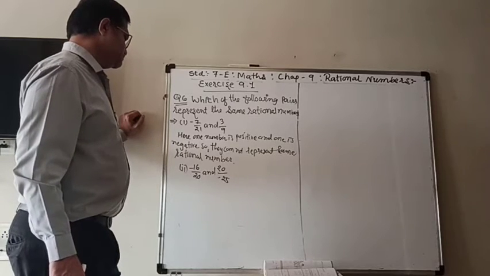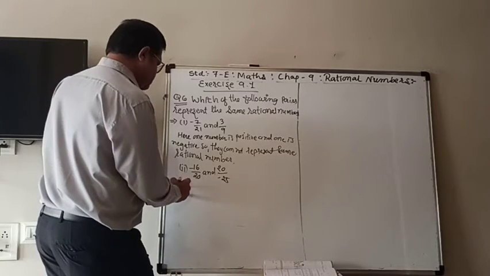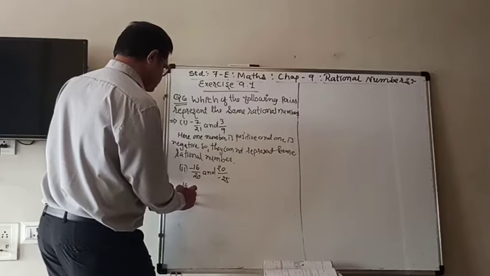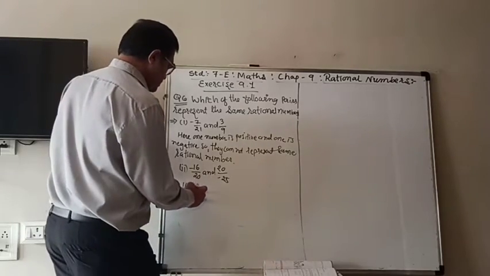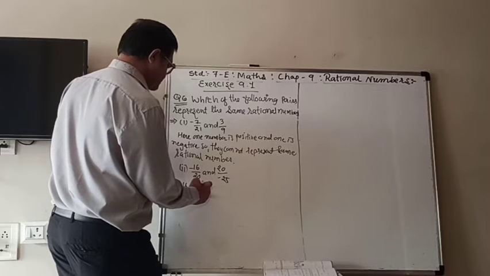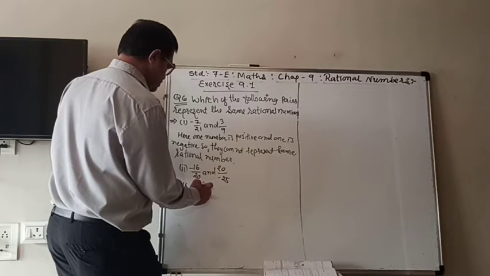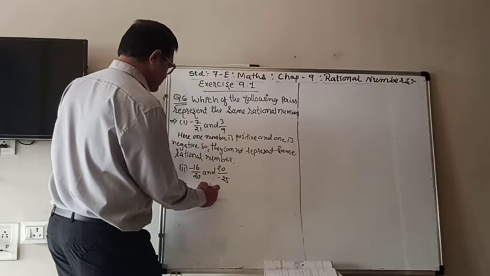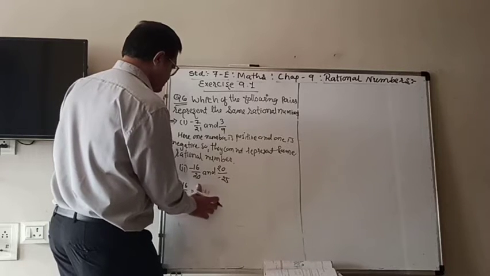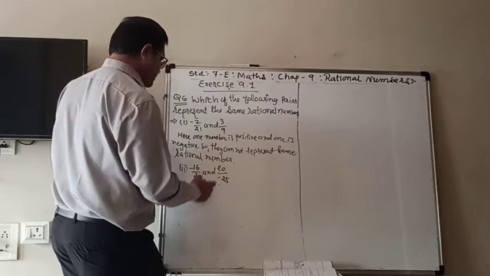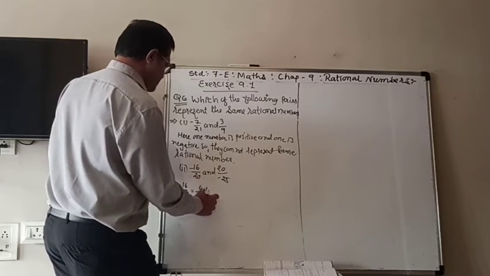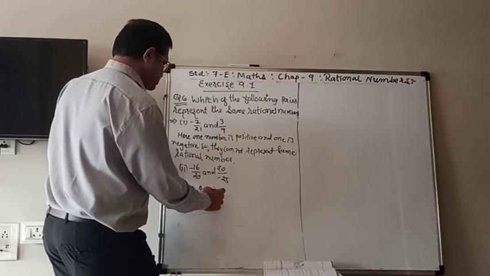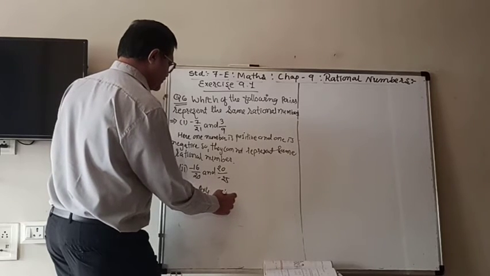Now minus 16 upon 20, we will simplify it, is equal to minus 16, we have to find out the factors. 4 4s and 4 5s. 4 4 cancel, so you get minus 4 upon 5.